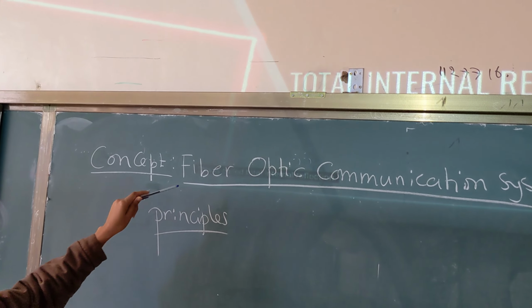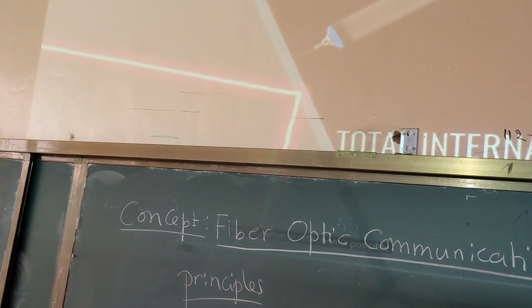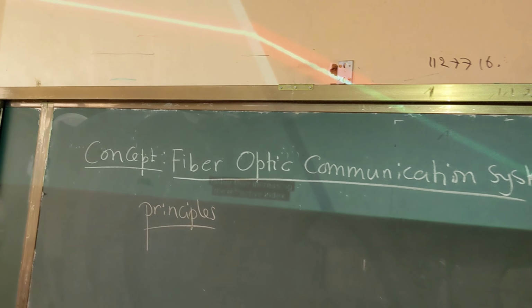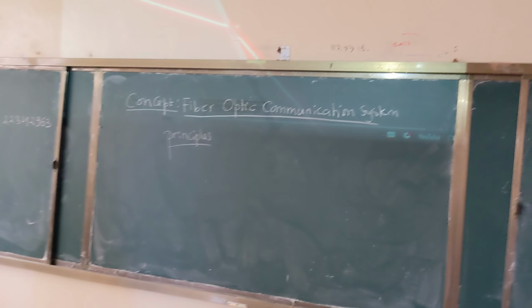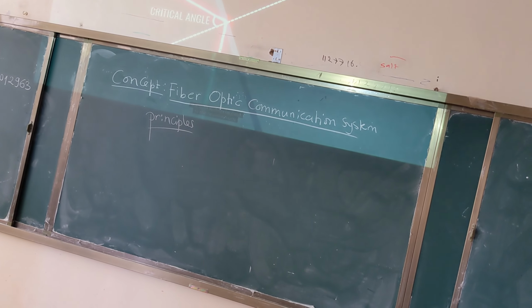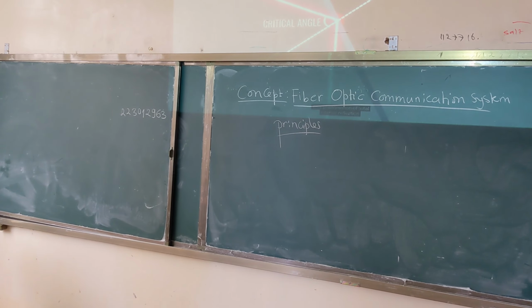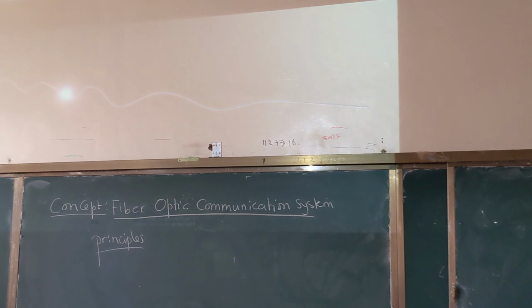This is called total internal reflection, which helps optical fiber communication transmit information. In this case, at a certain angle called the critical angle, the light will come back to the first medium. This phenomenon of total internal reflection is used in optical fiber cables to transmit the light.